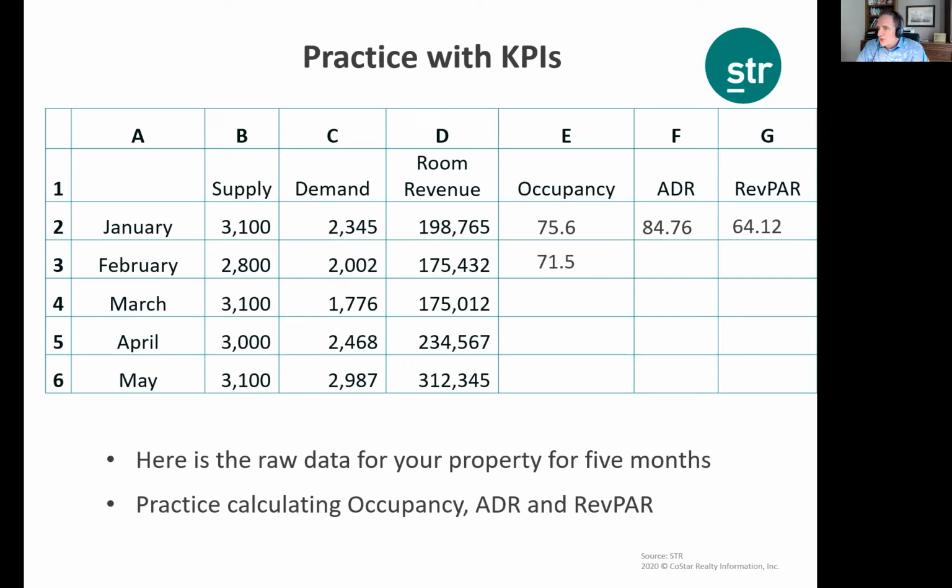And then down below, we get occupancy, ADR, RevPAR for February. And we want to make sure you can actually do the math behind here. You can use a calculator in the exam, and that will perfectly be okay. We do want you to remember the formulas. So right now we've got 3 formulas to remember: OCC, ADR, and RevPAR.